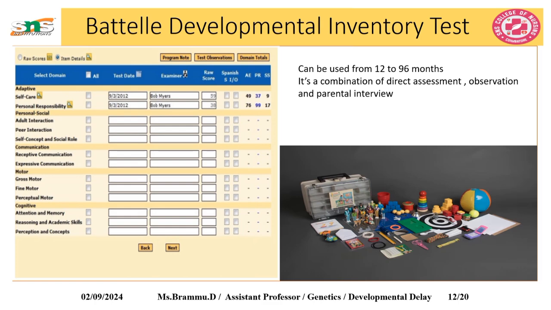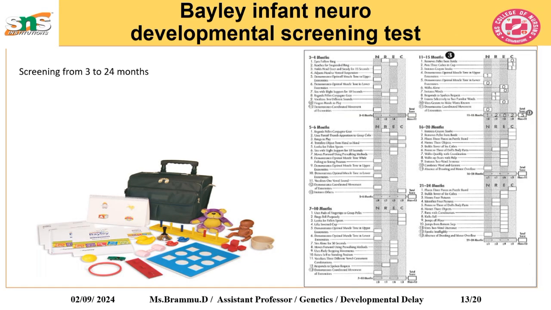It is a preset recording that covers the adaptive domain of the child, the personal and social aspects, communication, and the motor and cognitive aspects. This can be used for children from 12 to 96 months, it is a direct observation method, and here we can include the parents also during the inventory scale usage.